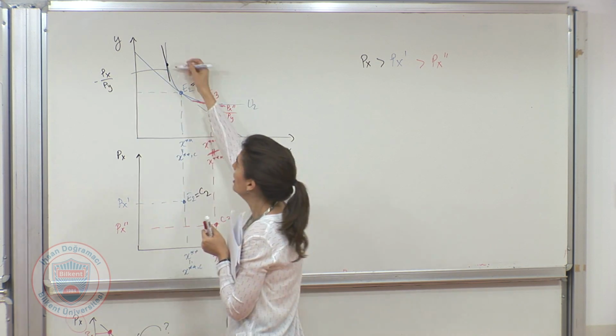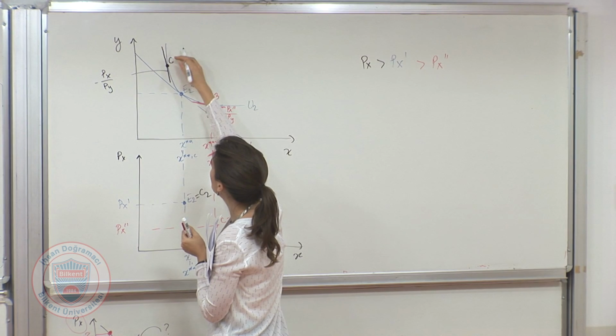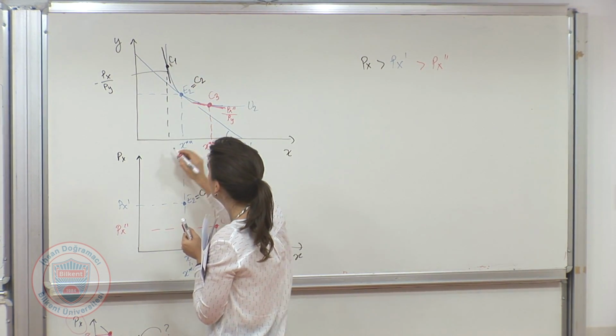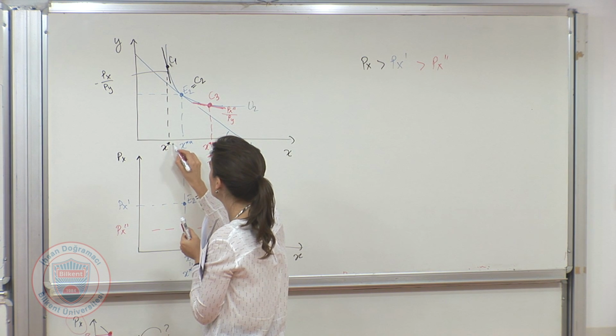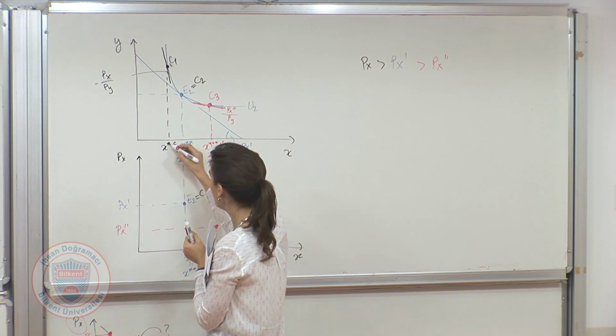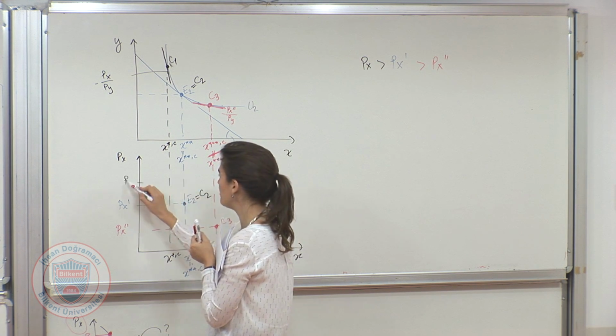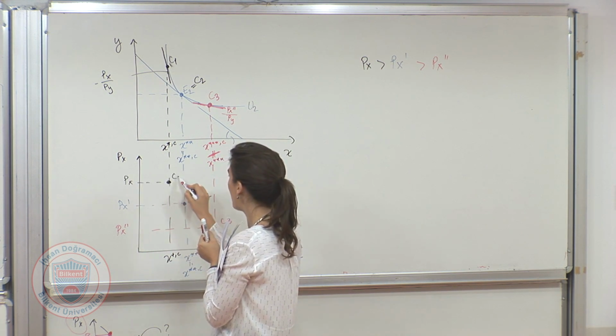And then I'm going to call this C1. Okay, I go down, this is x star C, and then this is Px, and this is my C3.